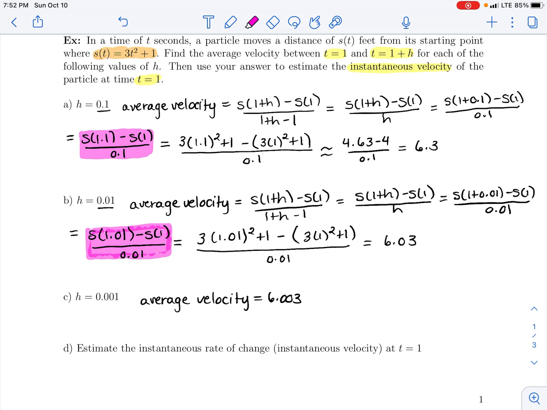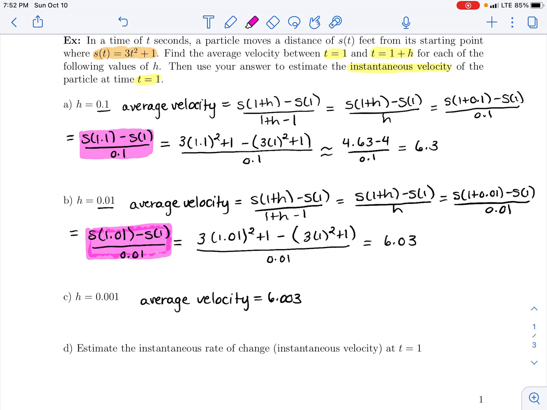And then in part C, it was between 1.001 and 1, right? And so as that h value was getting smaller and smaller, as that distance between the 2 points, 1 plus h and 1, was getting smaller.